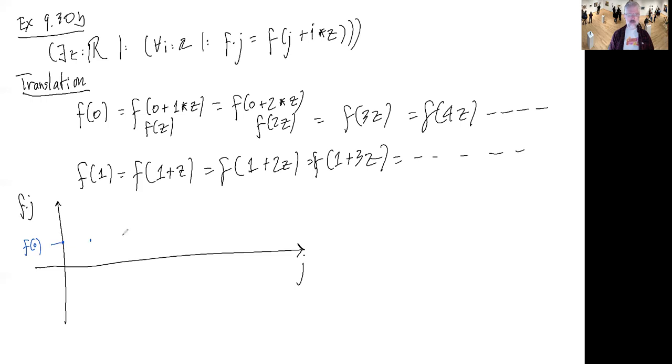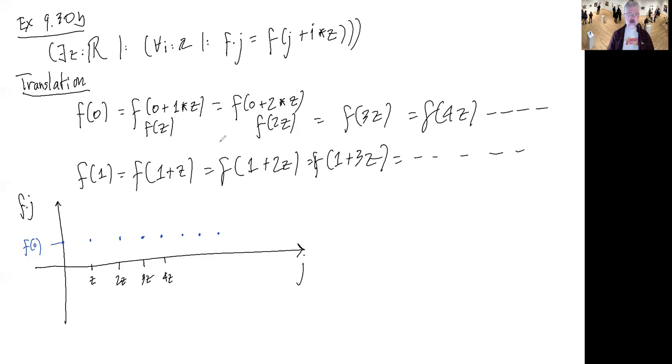So if this is z, and this is 2z, and this is 3z, and this is 4z, etc., we know f is going to come back and be the same thing here and here and here, and in fact, every z apart, okay?